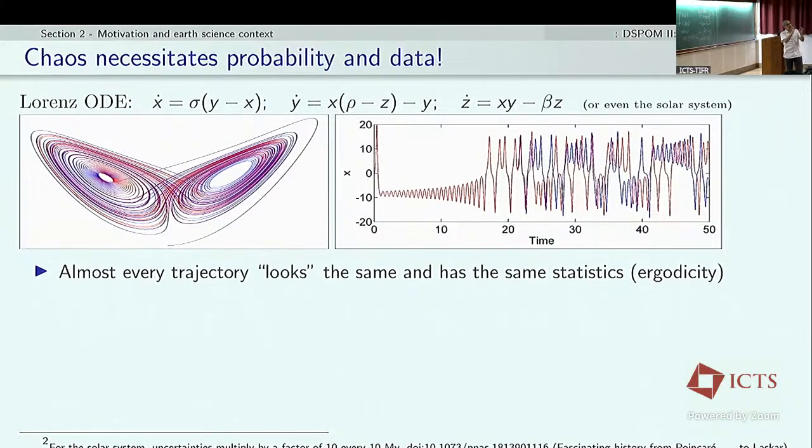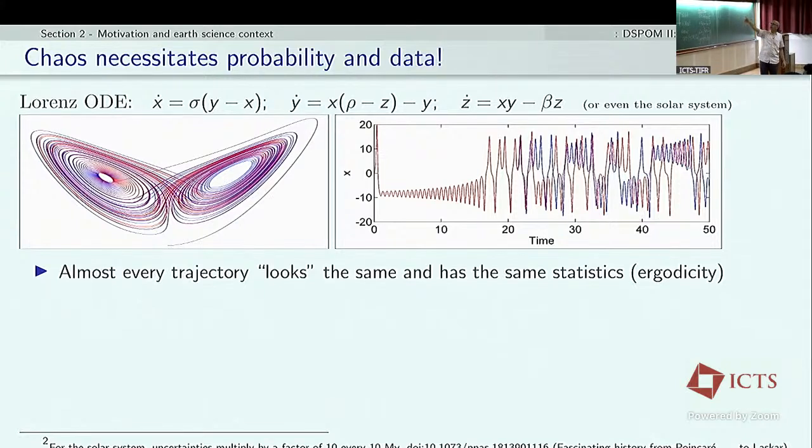The two initial conditions started slightly differently, something like 10 to the minus 6 or 10 to the minus 8, I don't remember, some very, very tiny difference. Solving those differential equations from time t equal to 0 leads to two trajectories that are seen on the right. One is red, the other is blue.